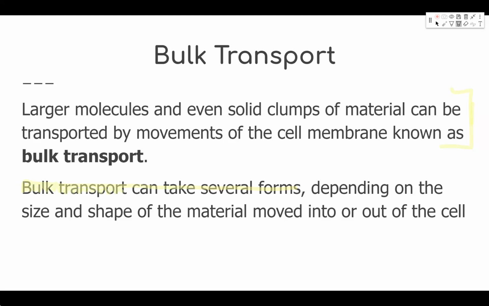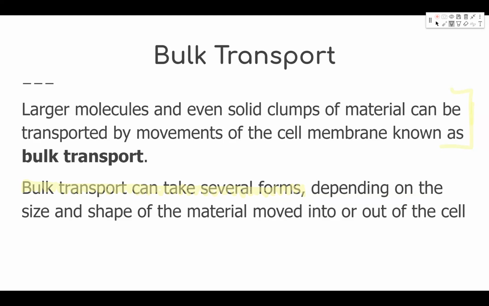So bulk transport, that is moving a lot of stuff out all at once. If we had a really, really big molecule, it would not be able to fit through one of those small little protein pumps. But we still need big molecules in and out of our cells.